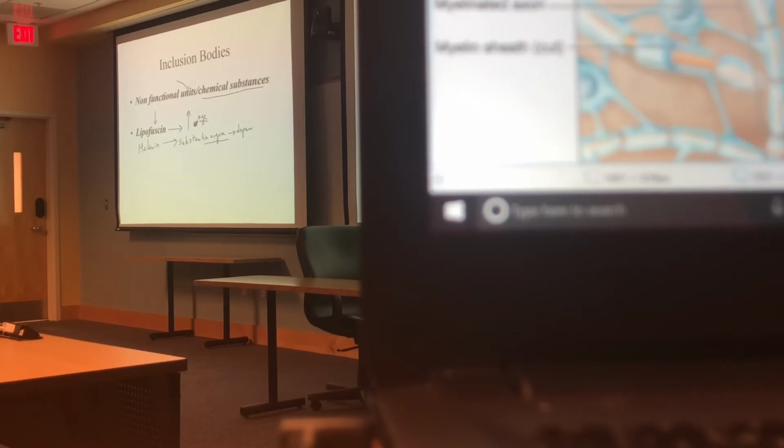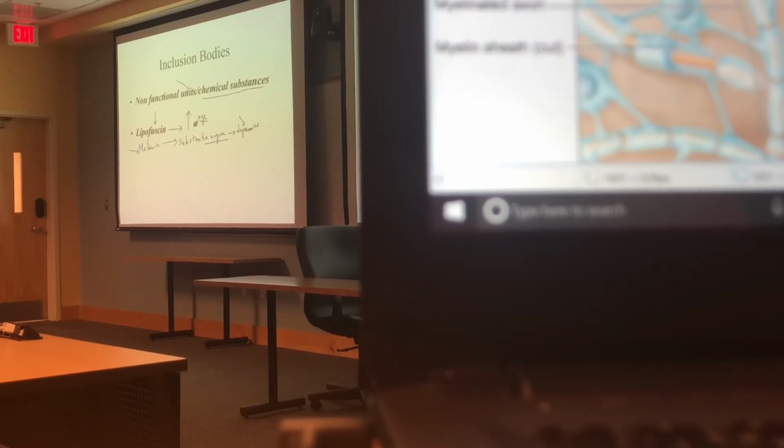Dopamine. This part of the nervous system produces dopamine. So melanin is most evident in the substantia nigra, which is responsible for the production of dopamine. If you have a reduction in melanin, that person is most likely a candidate for having what? Parkinson's disease.